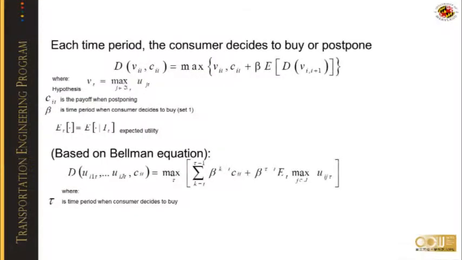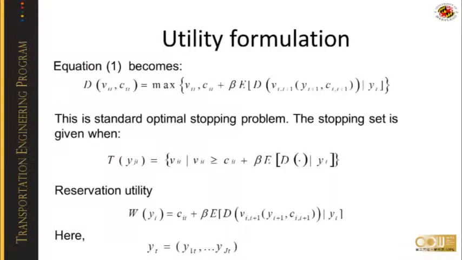And so this is the new utility. It means that the problem is based on a Bellman equation. The Bellman equation is dynamic programming, in which you calculate the max between the utility of staying with your own product, which is the one period payoff plus the expectation of future utility, and the utility of buying. So this is your problem.